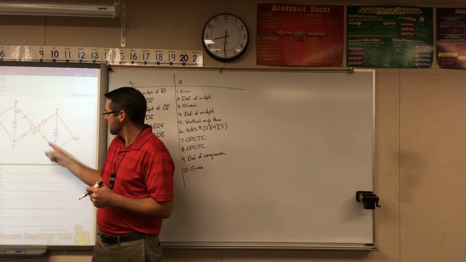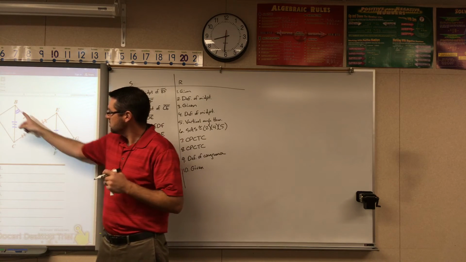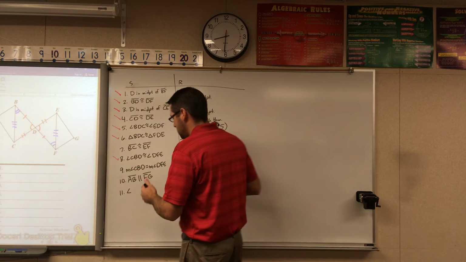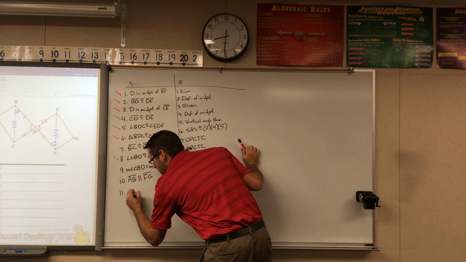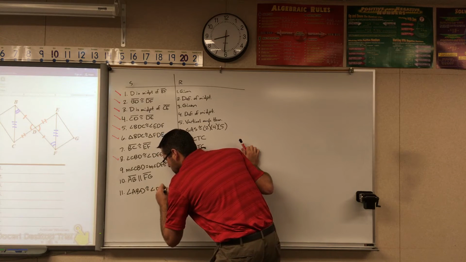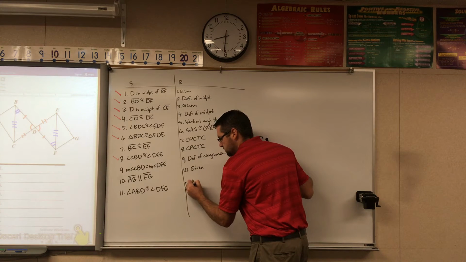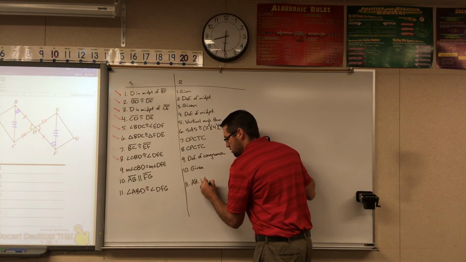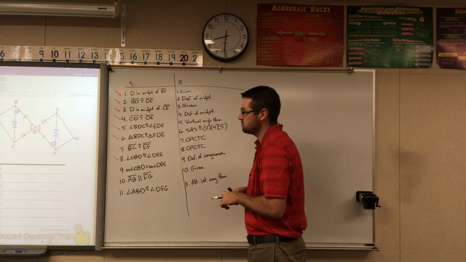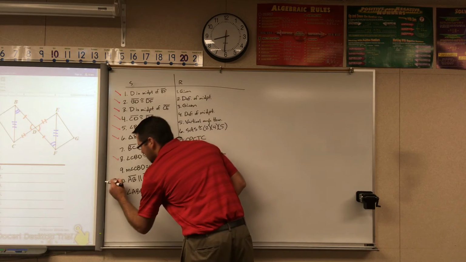If this line is parallel to this line, that's the transversal. Gives us this angle, ABD, and this angle. Okay, so angle ABD is congruent to angle DFG because what kind of angles are they? Alternate interior angle theorem. Okay. So I use step 10 to come up with step 11.